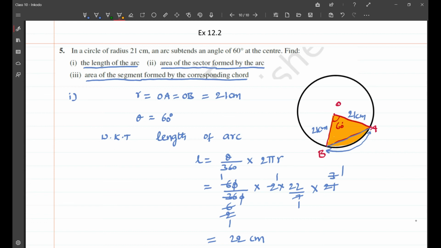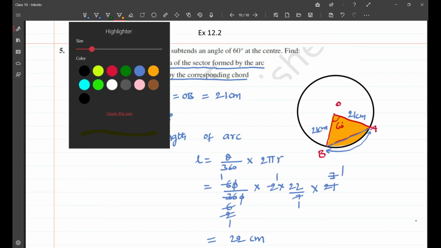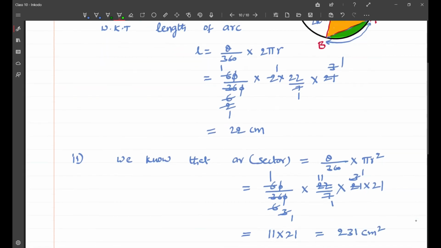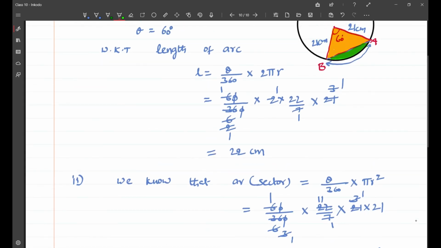We can go through those videos. Let me share the portion which we have to find out. This is the portion we need to find out in third part, which is green colored.